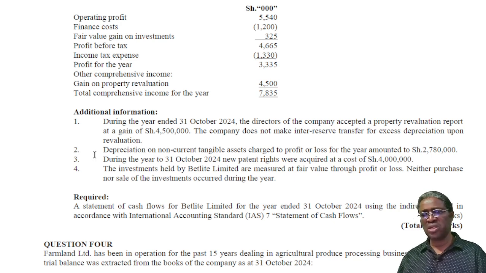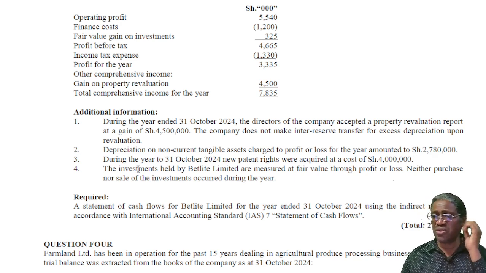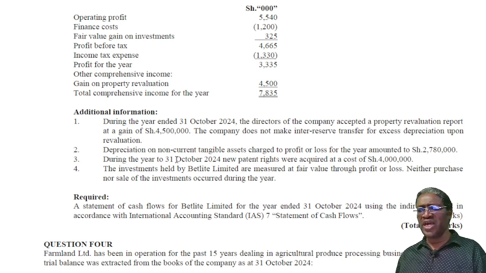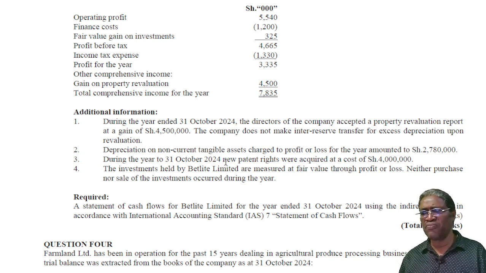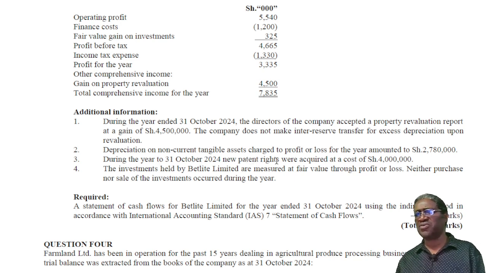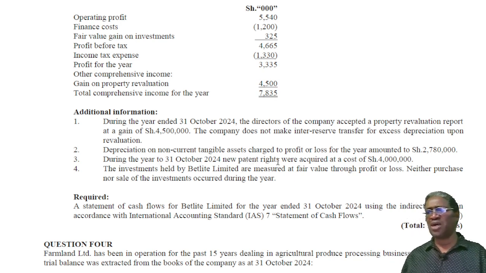Number 2, depreciation on non-current intangible assets charged to profit and loss for the year amounted to 2,780,000. Number 3, during the year ended 31st October 2024, new patent rights were acquired at a cost of 4 million.